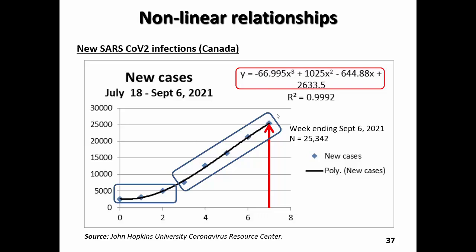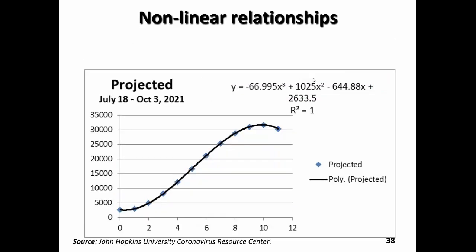And as you can see here, the fit of the curve to the data was nearly perfect at over 99%, not 100%, but over 99%. And so the curve provided a very good description to follow that increase. And this is our nonlinear regression model.